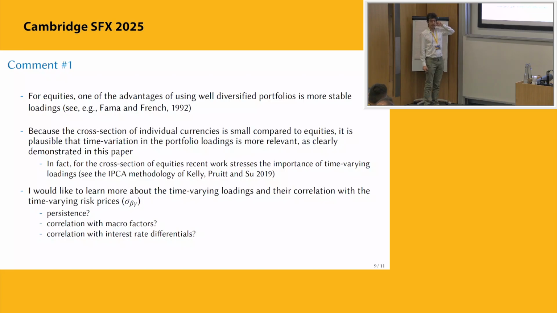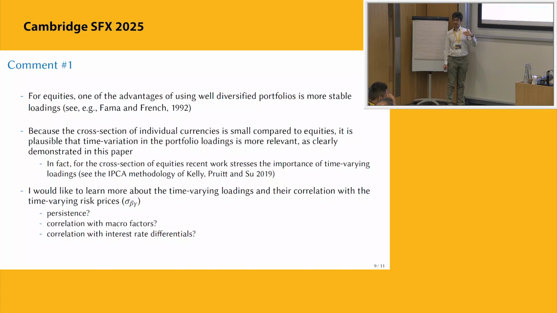And actually, even in the equity literature recently, there is interest in variation in portfolio weights. For example, you can have a look at the IPCA methodology of Kelly et al., which basically has time-varying betas. Okay? In terms of comment here, I would like to learn more about these loadings and their correlation with the time-varying risk prices.